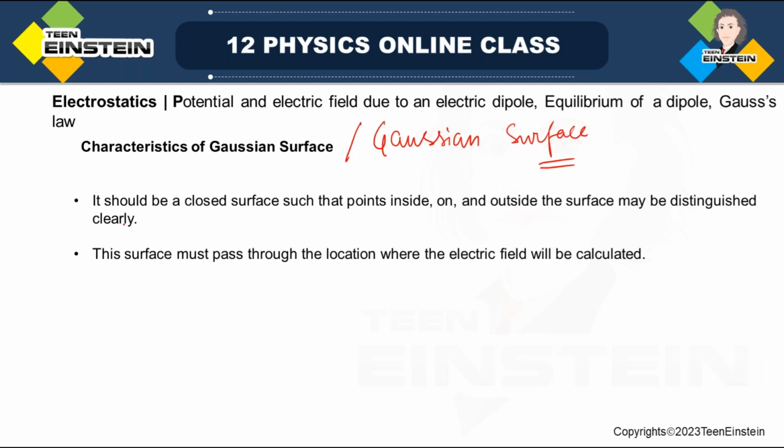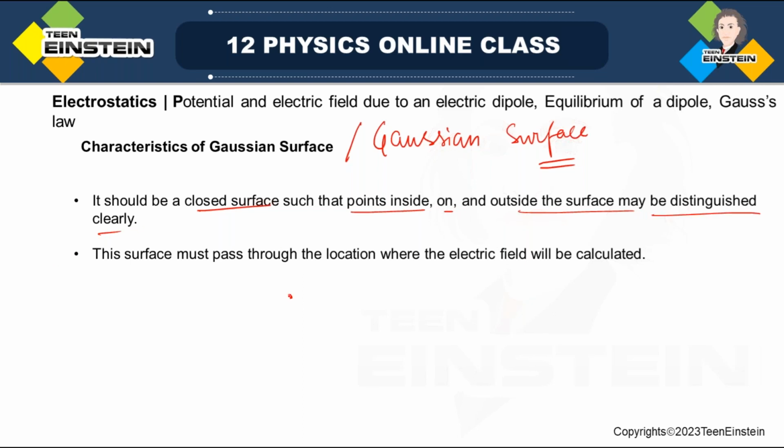What should be the properties of a Gaussian surface? It must be a closed surface, such that the points inside, on, and outside the surface may be distinguished clearly.